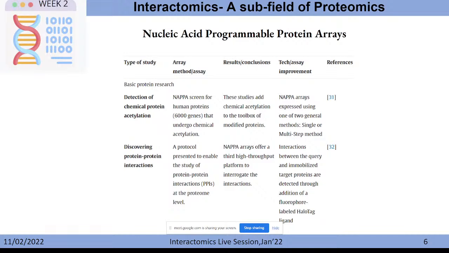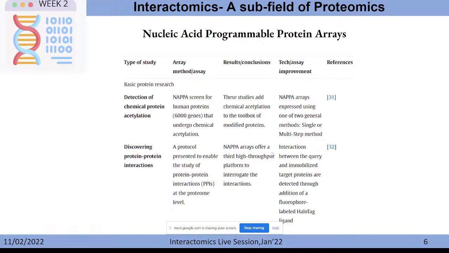Then, discovering your protein-protein interactions at the proteome level is quite simple. You just bring out all those proteins and display your proteins of interest and where they will be interacting, and then you can detect it with the secondary antibody fluorophore, and report the different novel protein interactions.